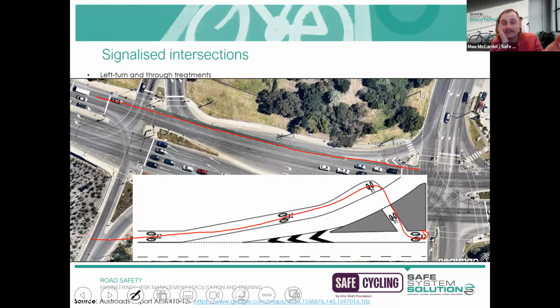We know that there's risks in doing that. We know that collisions at speeds that high are likely to be very severe, if not fatal. So if you were to provide something that looked like that off-road facility and completely took away that on-road, you may have cyclists that then use the traffic lane, which would be a worse situation than having no on-road facility.